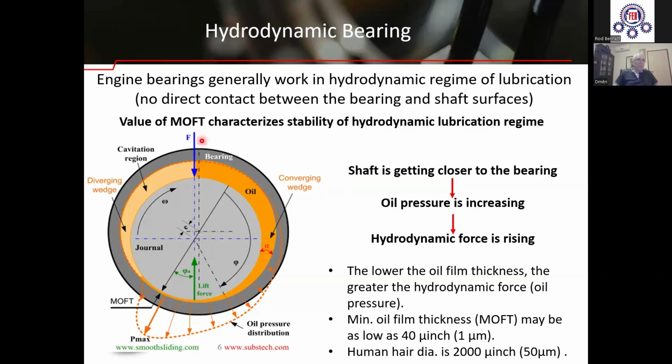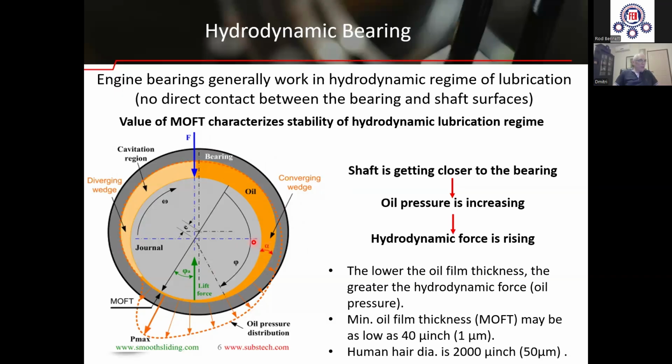The external force, F, displaces the journal from the bearing center. The shaft surface is getting closer to the bearing surface. The shaft displacement forms a convergent gap, or convergent wedge, this one, with the angle alpha between the bearing and shaft surfaces.